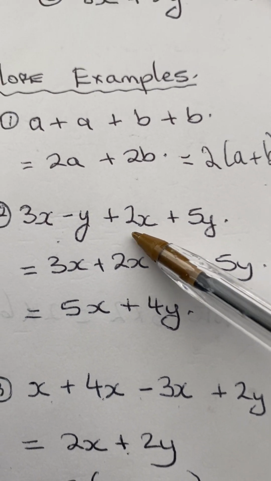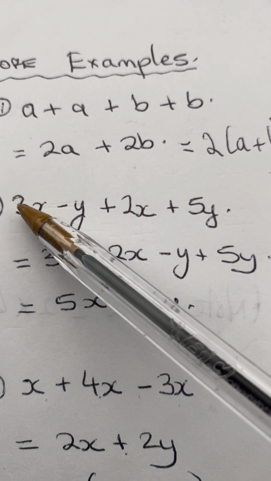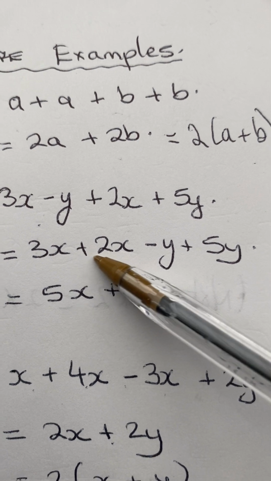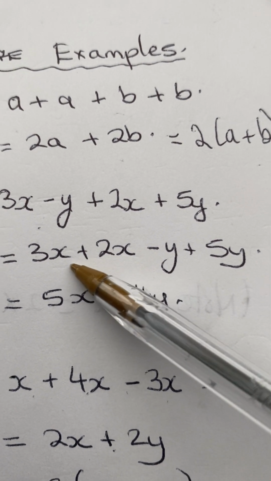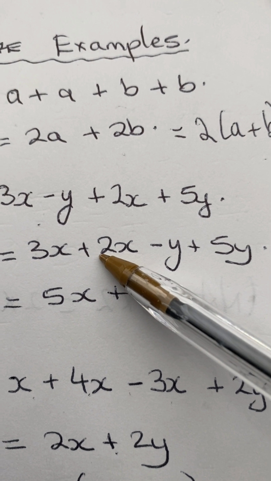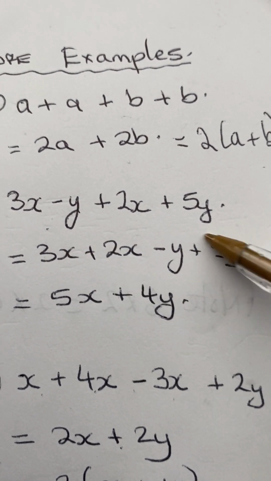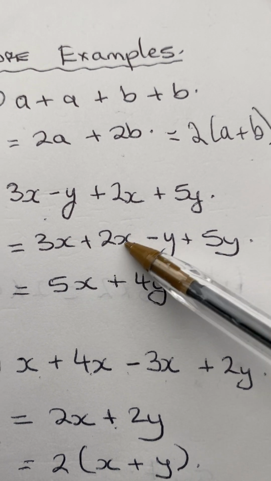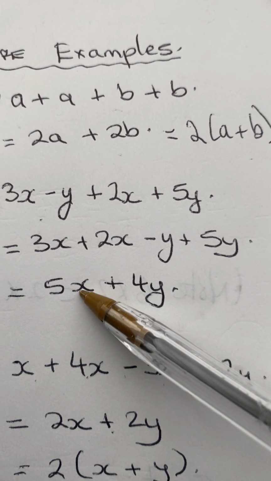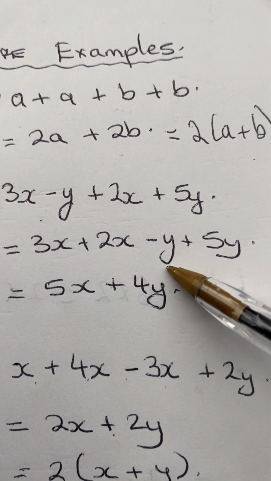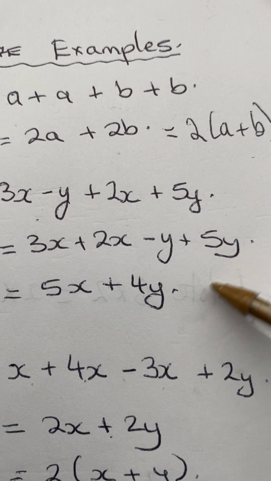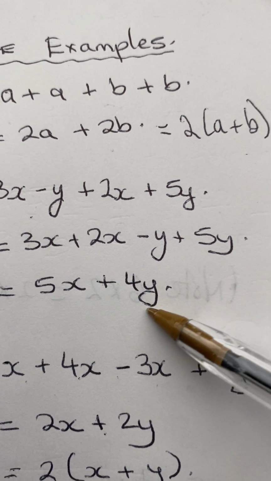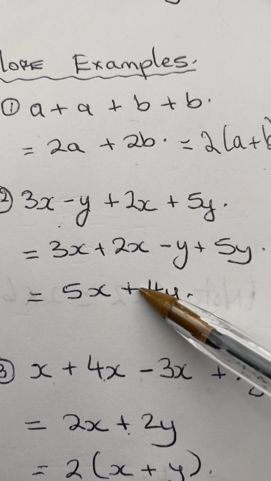When you are used to this kind of question, you can move from this step to that step. But at the moment, assume that some of you are still working on the basic level, so I'm putting in this step. So now we have 3x add 2x, which is 5x, minus y add 5y, which is 4y. We can't simplify any further, so this will be our answer.